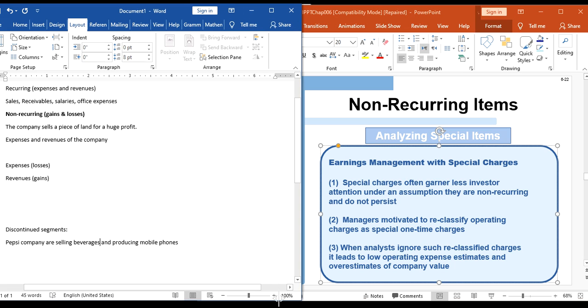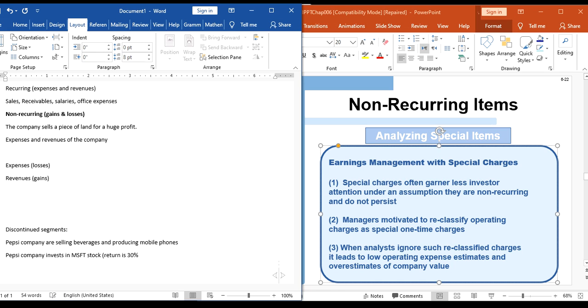So coming back to this event, let's say the Pepsi company invests in Microsoft stocks, and the return is, let's say, 30%.